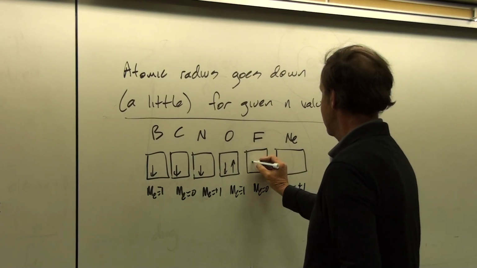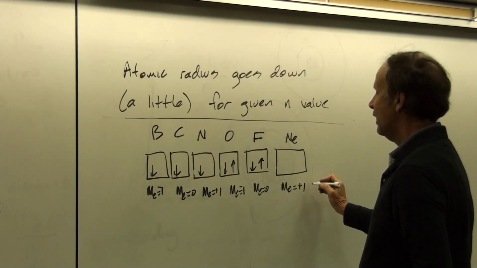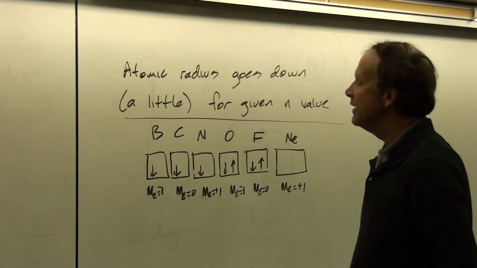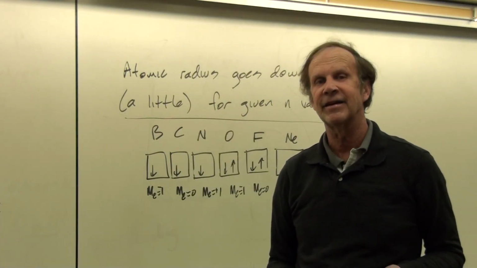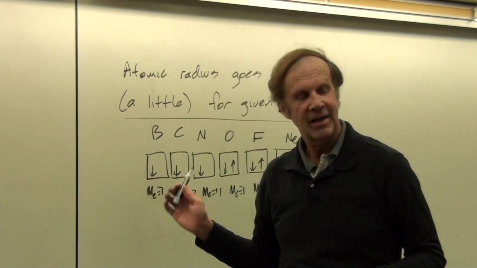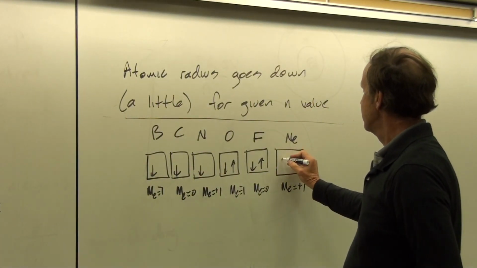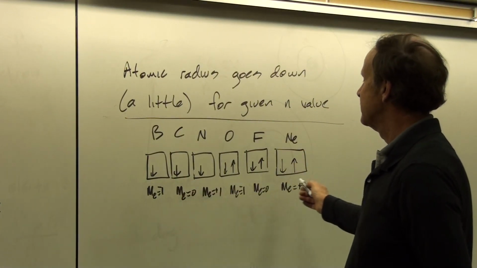So the question then is, why do these fill in terms of their m sub l values if you can only tell what the m sub l value is by projecting a magnetic field into that region of space? You'd think that the filling order of these electrons would be independent of the m sub l value.